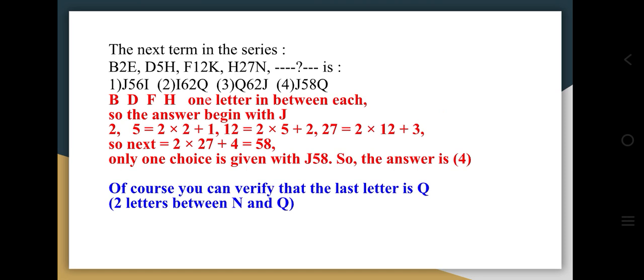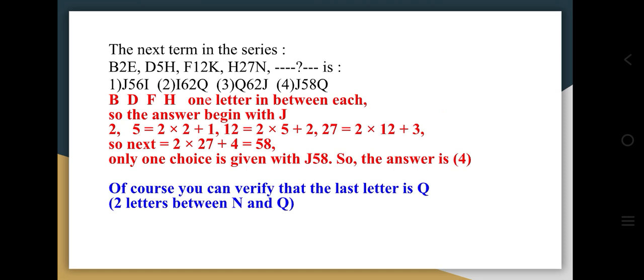Okay. But in the answer choices, there are two answer choices starting with J, first and fourth one. So we determine the number. So the numbers are 2, 5, 12, 27.